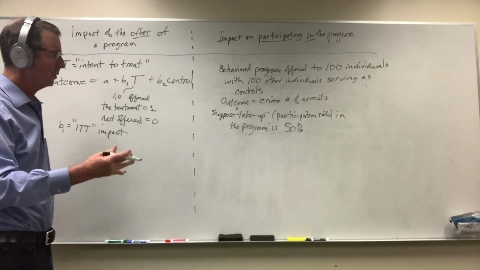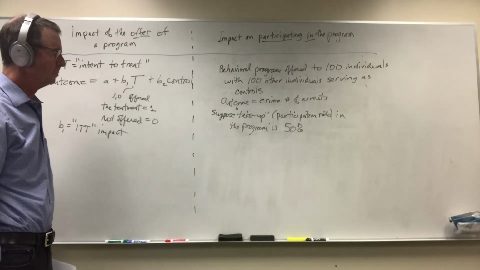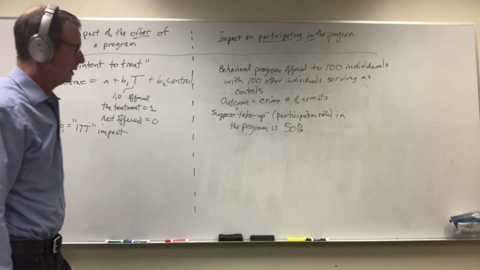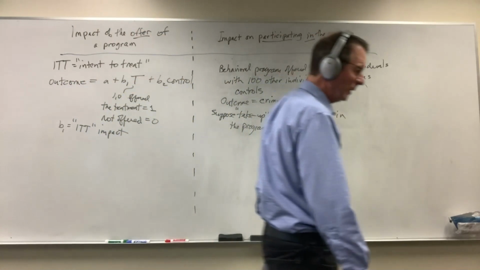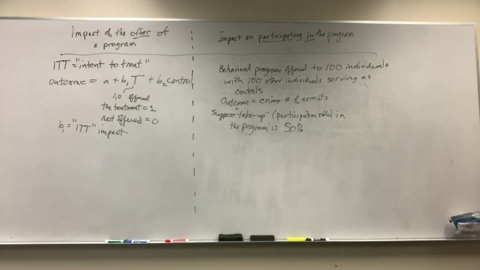All right, so we've got this program. We try to talk 100 people into participating in the program. And in the end, only half of them participate in enough of the sessions of the program for them to be considered to have taken up or participated in the program.